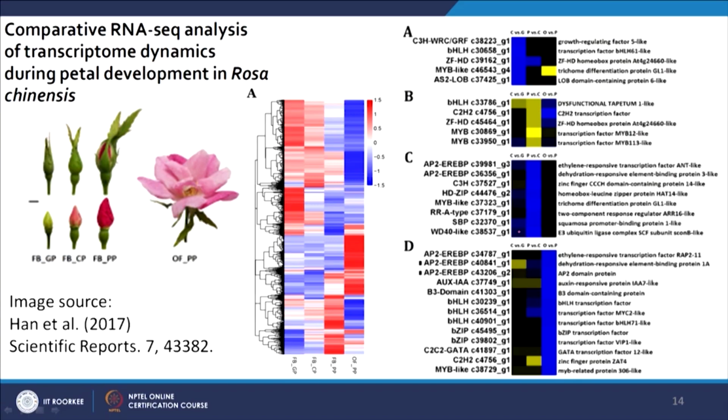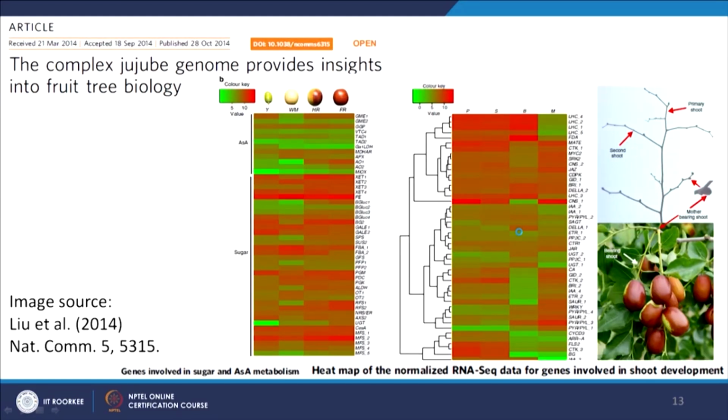Another way is that RNA sequencing can be combined with other techniques. It is not a standalone technique, and then you can generate RNA sequencing data in a more specified or more defined way. For example, if you have developmental stages, maybe I will draw here.